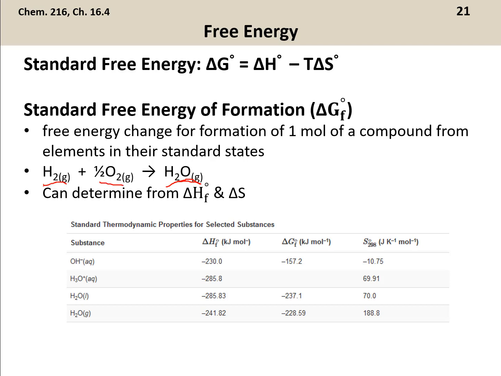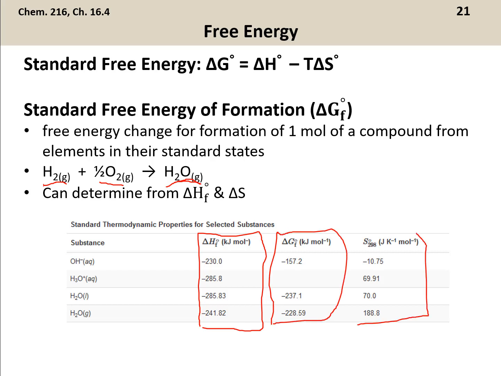We did this already for delta HF, and we did it for standard entropies, right? And these can actually just be calculated and put in tables. So this would be found in Appendix G of your book.